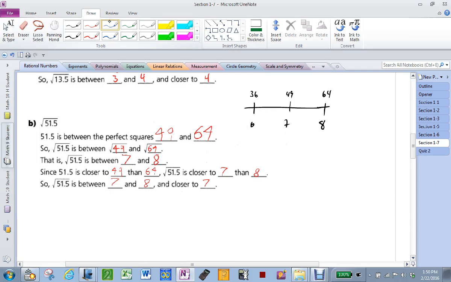How many steps are here? 49 to 64, how many steps? 15.